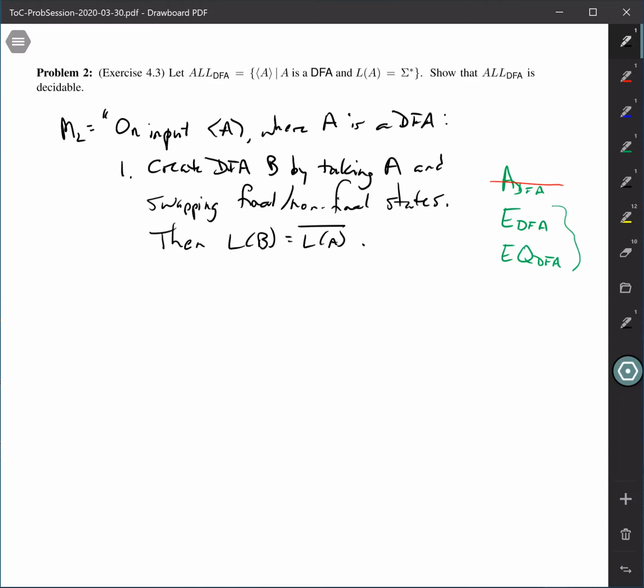When we do that, the language accepted by B is the complement of the language that was accepted by A, right? So everything that was accepted by A is not accepted by B. Everything that was not accepted by A is accepted by B. So that means that the language recognized by B is the complement of the language recognized by A.